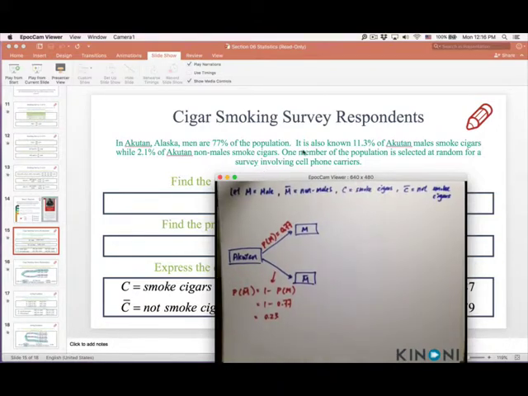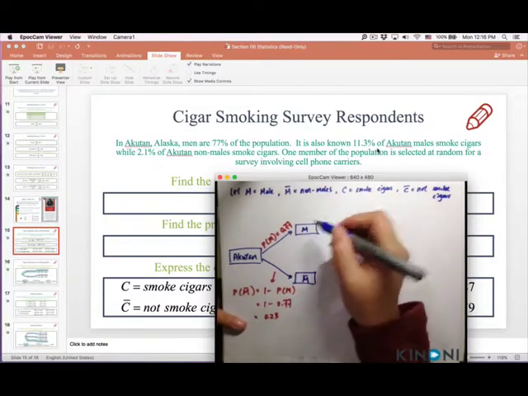It is also known 11.3% of Akutan males smoke cigarettes. Be careful, this is talking about the conditional probability. They're talking about the 11.3% probability that they smoke, given that they are male.